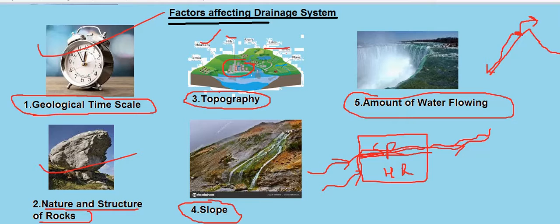So if the amount of water flowing is more, the channel will be deep, the channel will be more broad as compared to the other channels. So the amount of water plays an important role in the drainage system. So if this is the river and the amount of water is increasing year by year, then there will be a chance that this river channel will become more broader.